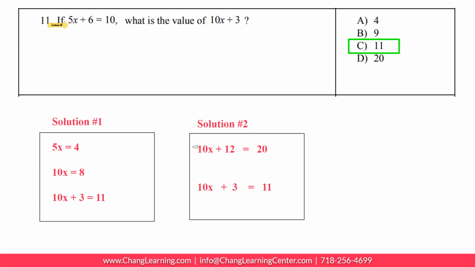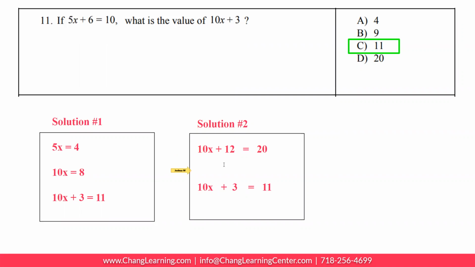Another student responded, well, why don't we just double the entire equation first? So instead of 5x plus 6 on the left, we have 10x plus 12. And doubling the right side, we get 20. But we didn't want 10x plus 12. We just want 10x plus 3. So subtract a 9 from the left and the right side.